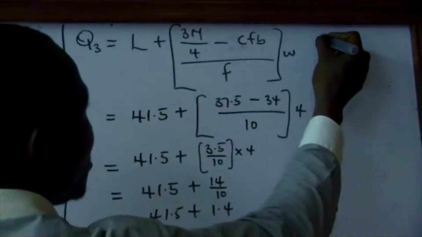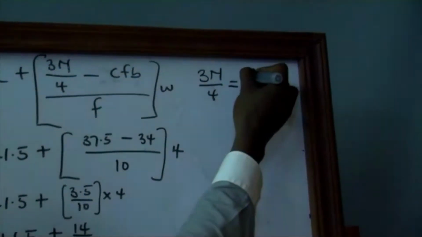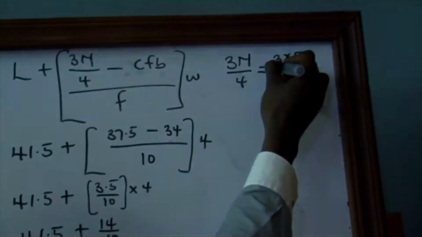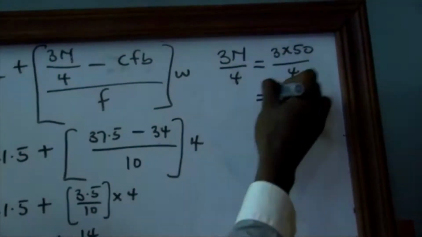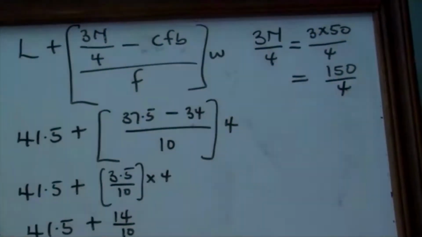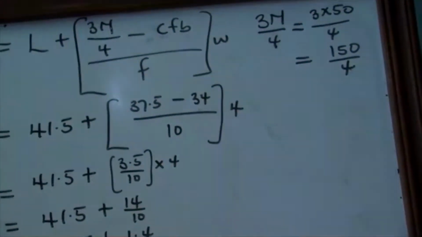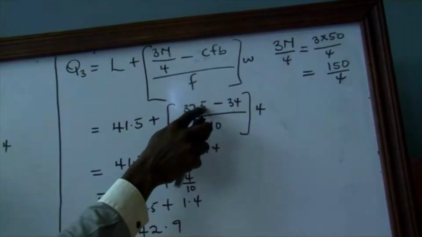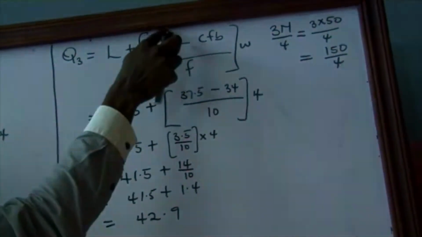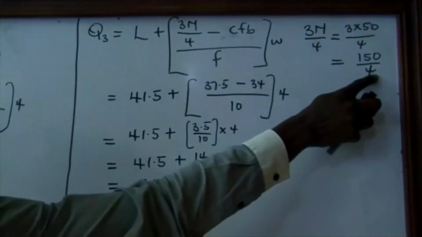So 3n over 4 is actually 3 times 50 divided by 4, which is 150 over 4. If I divide 150 by 4, I'm going to obtain 37.5. So the whole of this is 37.5 after simplifying it here.